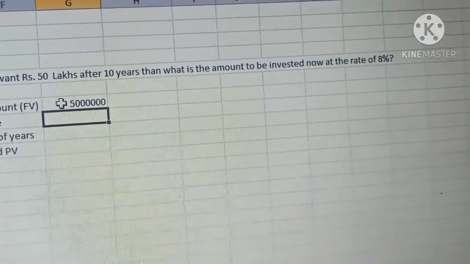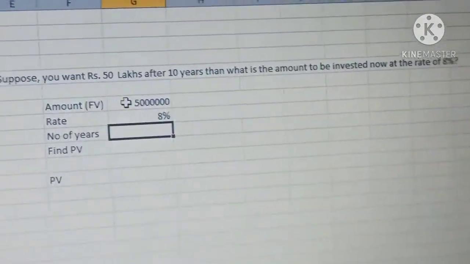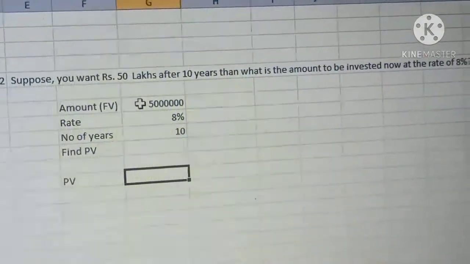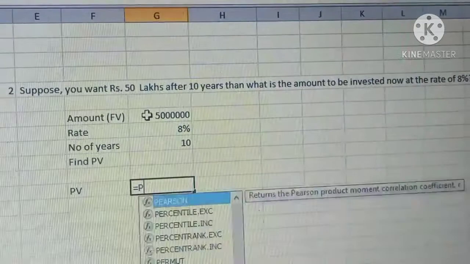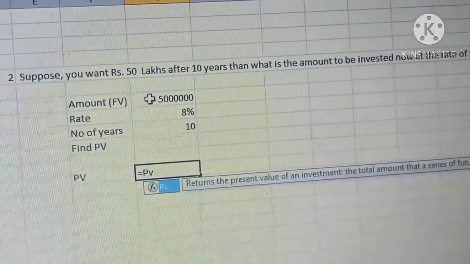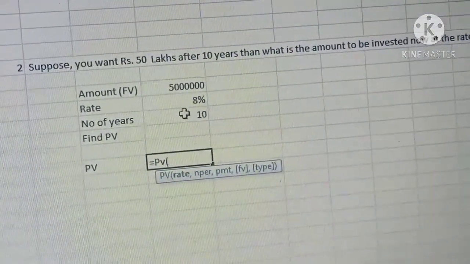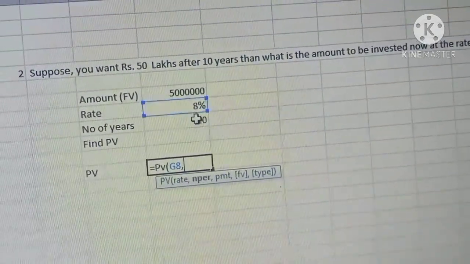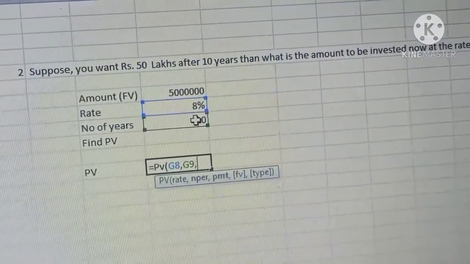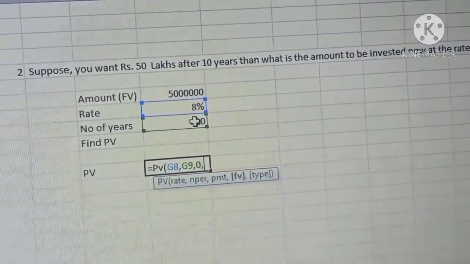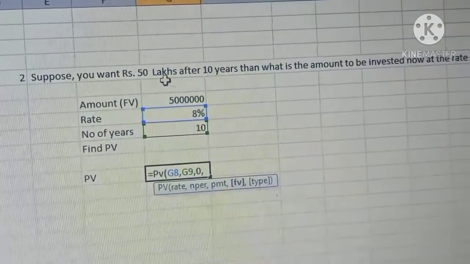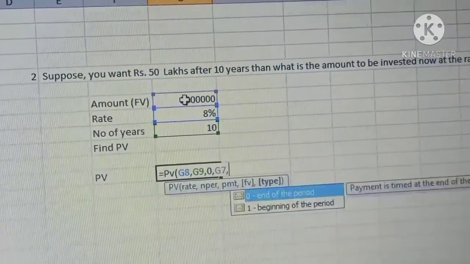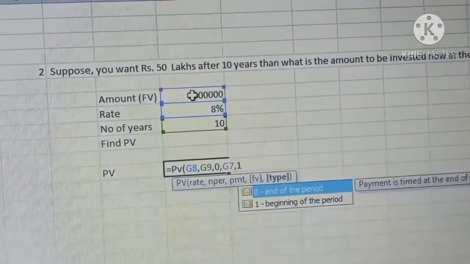Rate is 8%, number of years is 10, and you need to find out PV. We'll apply the PV formula, present value formula. Your rate is 8%, it's for the 10 years, so 10 NPER. PMT is again 0 because you are not investing every month. FV is 50 lakhs, you want it after 10 years, and it's in the begin mode.